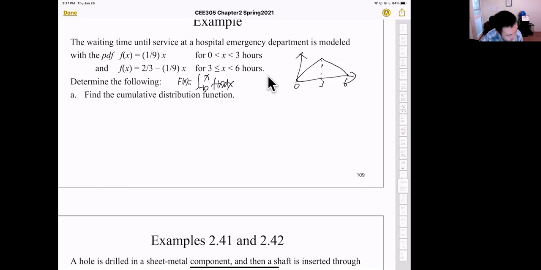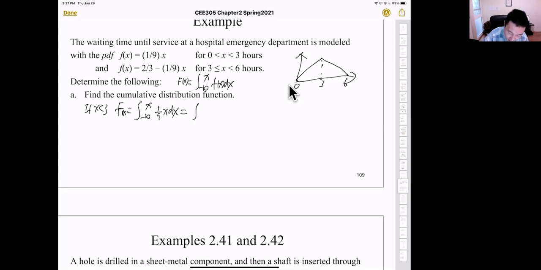If x is less than 3, then Fx will be from negative infinity to x of 1 over 9x dx.